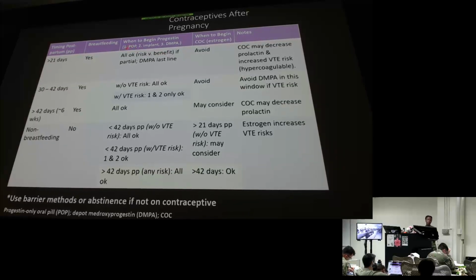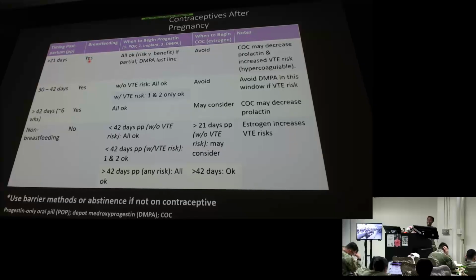If I am outside of the 21 days and I'm breastfeeding, I can potentially say, all right, I will give it to you. Do I want to? No, not ideal. I want to wait 6 weeks. But if I'm stressing and I know myself, I'm not going to be able to wait 6 weeks, I need something now. Very minimum 21 days, okay?